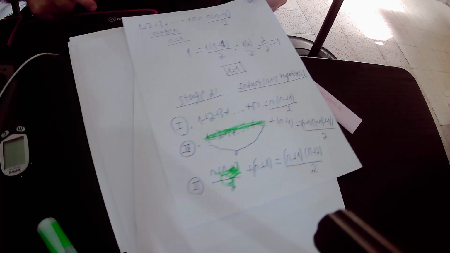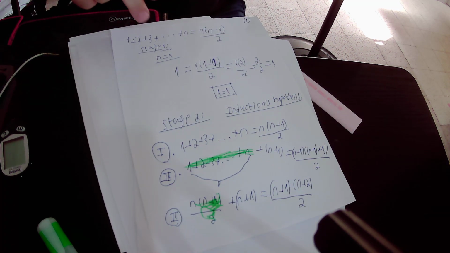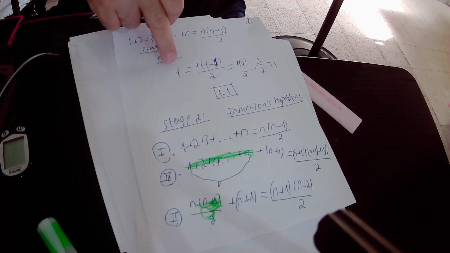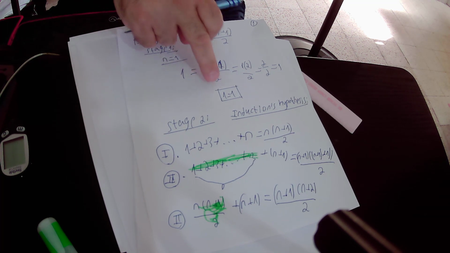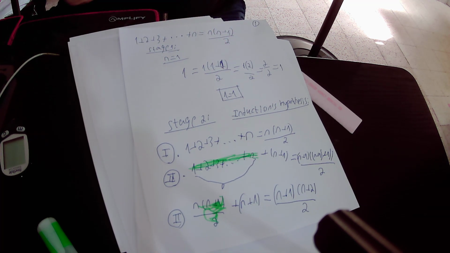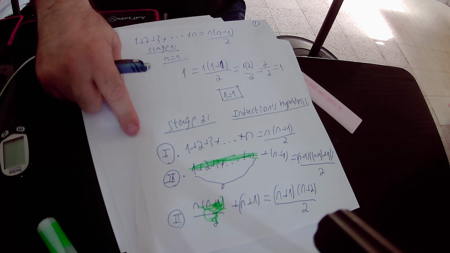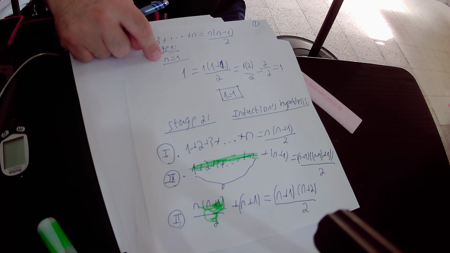So we know that it is true for n equals 1, and according to our general proof, it must be also true for n plus 1, that is to say, for 1 plus 1, which equals 2.